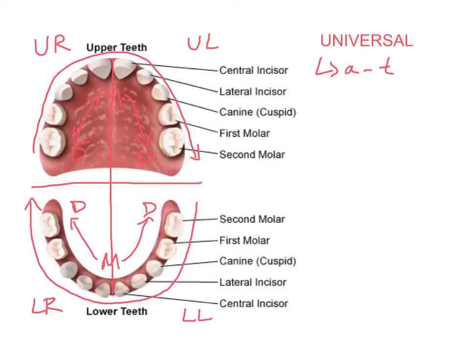The upper arch contains the letters A through J, while the lower arch contains the letters K through T.